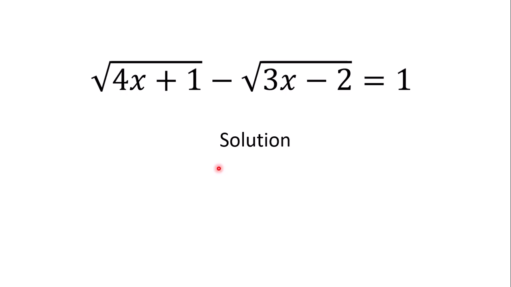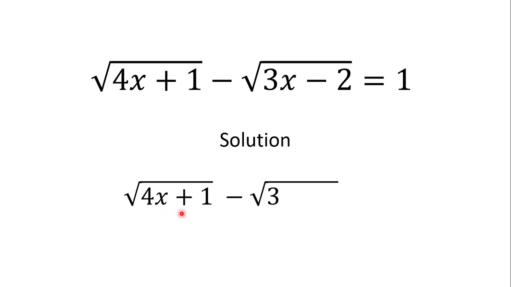The square root of 4x plus 1 minus the square root of 3x minus 2 is equal to 1. As I told you already, you can maintain it as it is and then square both sides. When you do that, you already know something about Pascal's triangle, I mean the coefficients involved in expanding a bracket raised to a power more than 1.